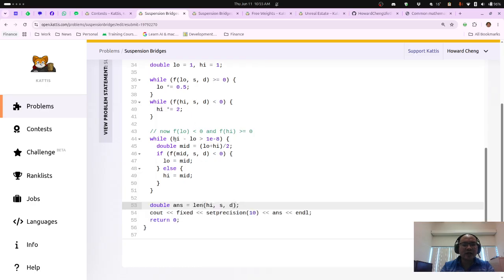And now instead, I will do my binary search until what I really want from low and high are close enough.